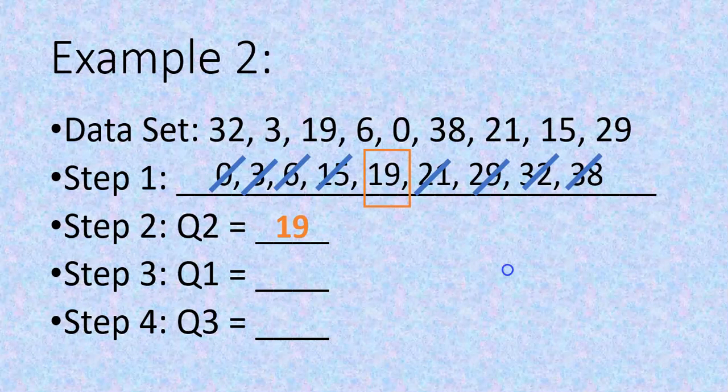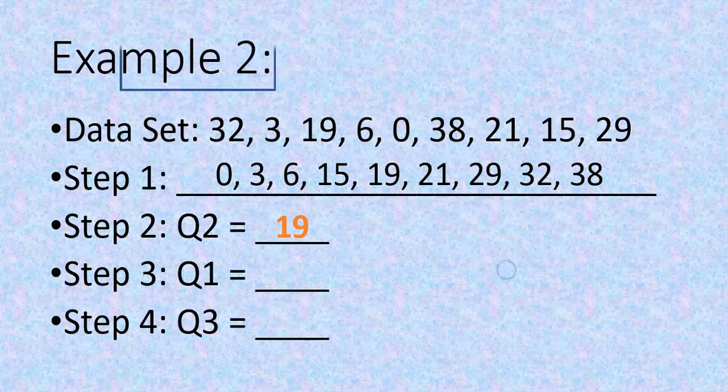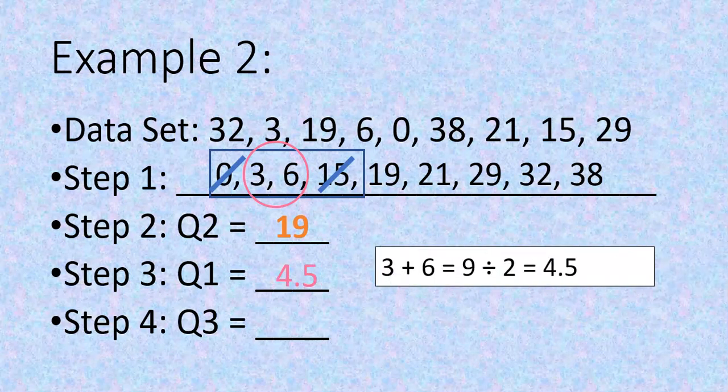So let's now look at the data and do quartile 1. Again, we're only using the first half of the data. 19 is our middle, so we're not going to use that. 0, 3, 6, and 15. Oh, we got 2 in the middle. 3 and 6. So we need to do 3 plus 6 equals 9 divided by 2 is 4.5. So 4 5/10 is our quartile 1.